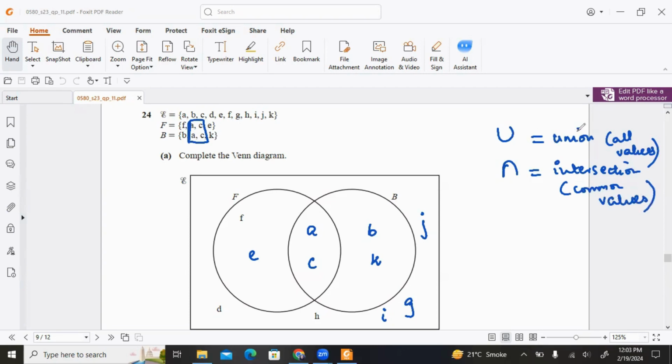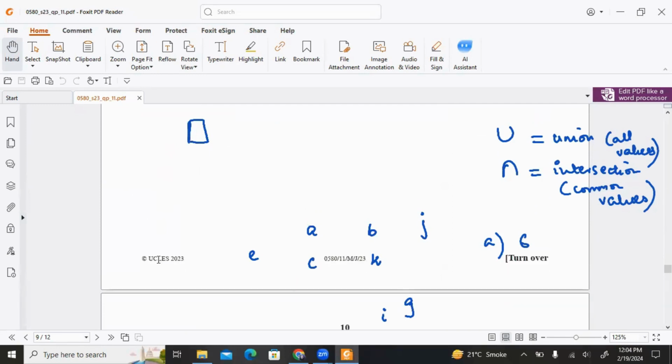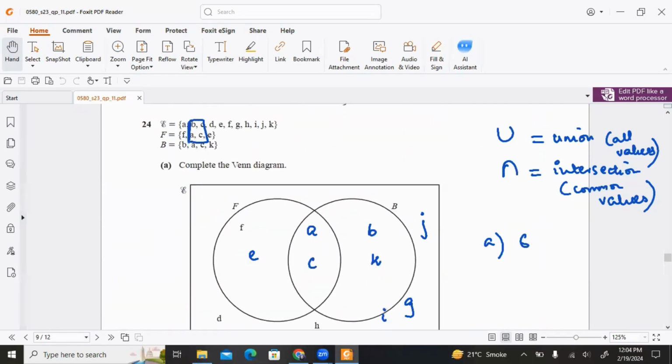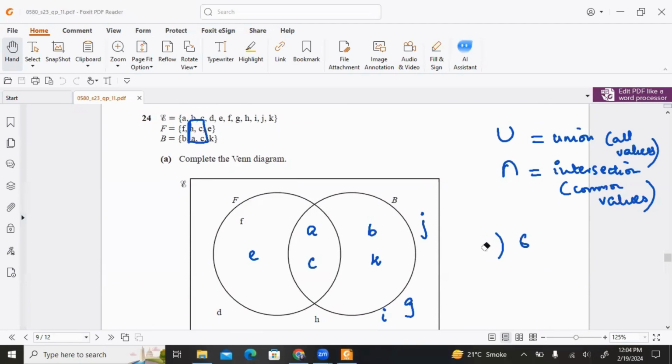So the n before the F union B shows that they're asking for the number of values, not what the values are. So the number of values is going to be 1, 2, 3, 4, 5, 6. That's it for that question. Yeah, 6 values.